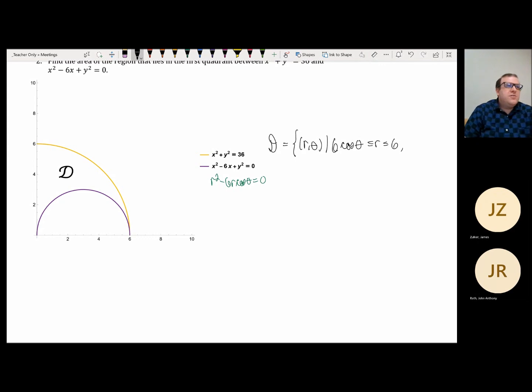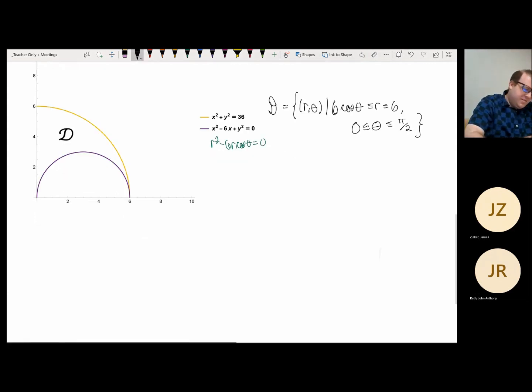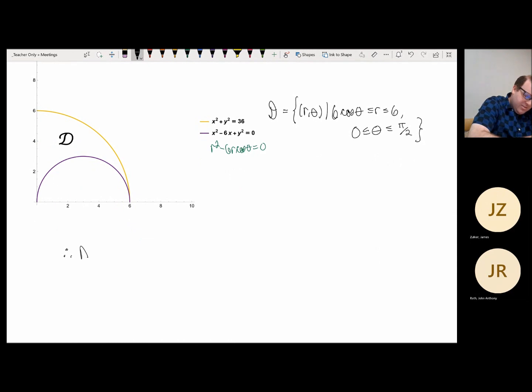Go up to pi over 2. 0 to pi would be the first 2 quadrants. So there's the description of our region. Remember, area of the region is just the double integral over the region of just the area differential.